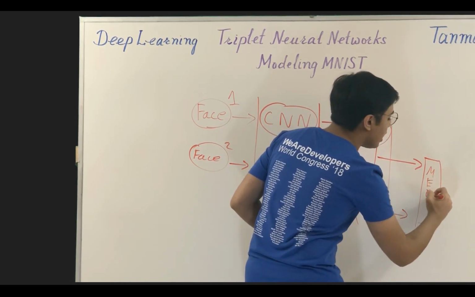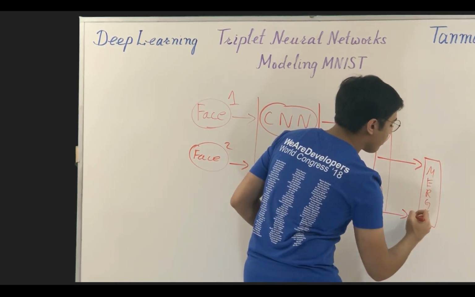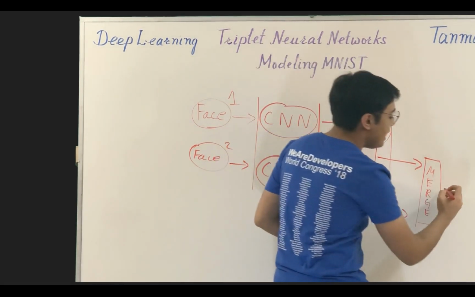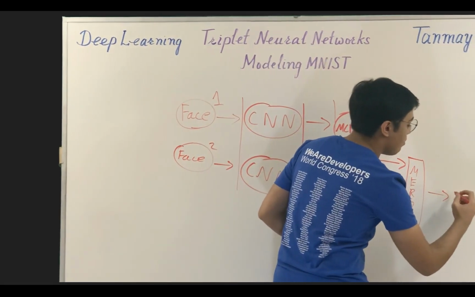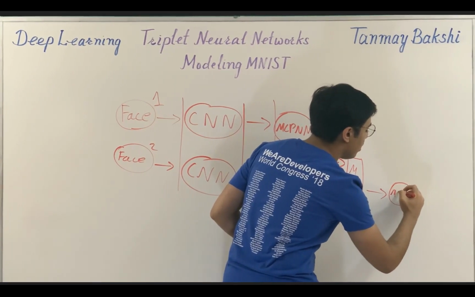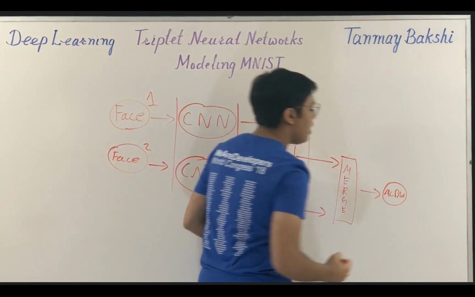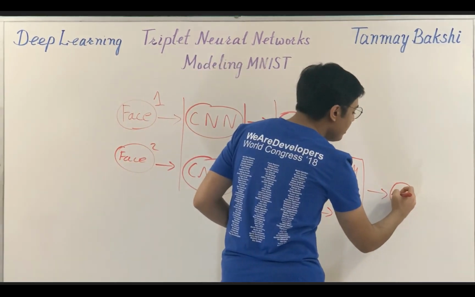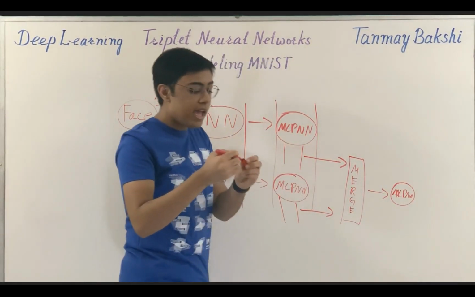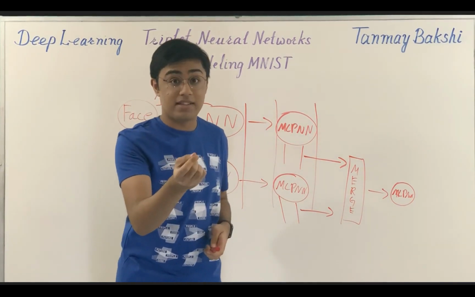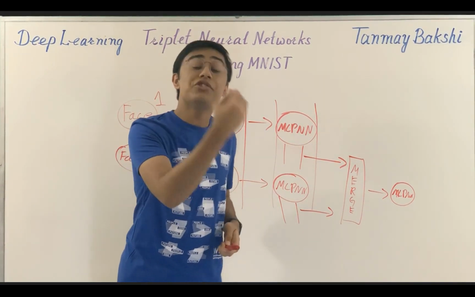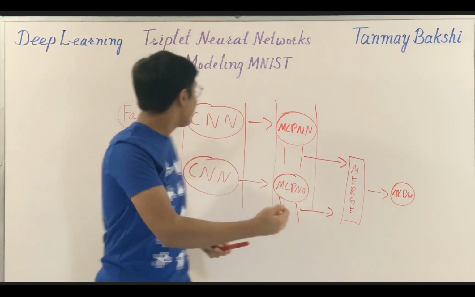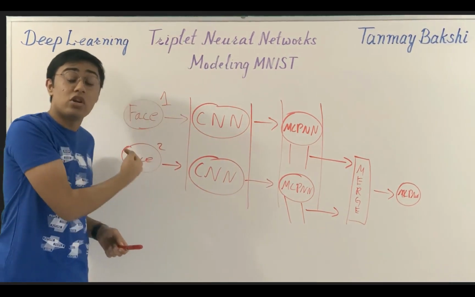And after merging, you feed into another, say, multi-layer perceptron neural network. And this multi-layer perceptron neural network will then go ahead and predict one thing. It won't try and classify the face. It'll try to do a regression problem instead. Try and predict, are these the same face or not?